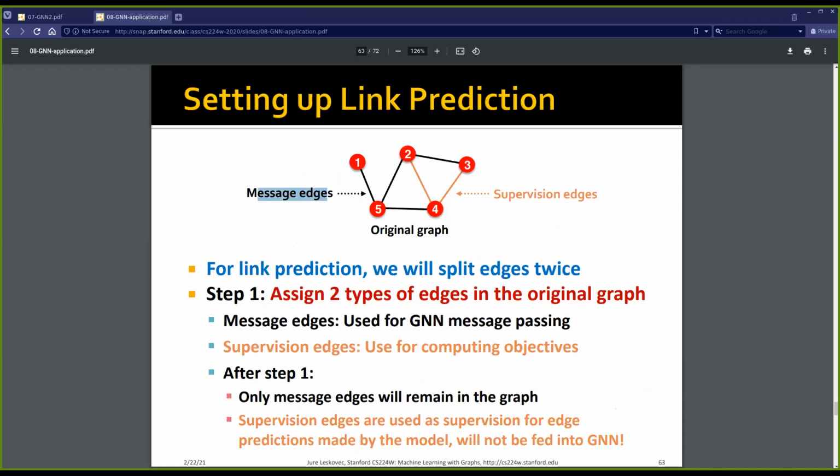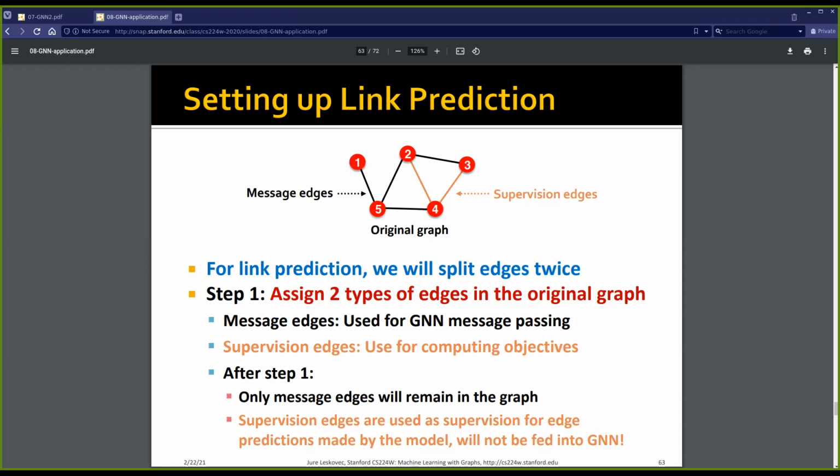So we have message edges, which are used in the forward pass, and supervision edges, which are used for the actual training and the comparison with the loss function. But these supervision edges are not passed into the GNN during the forward passes.